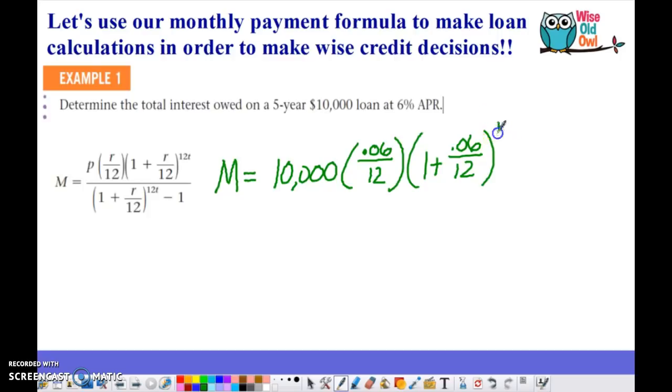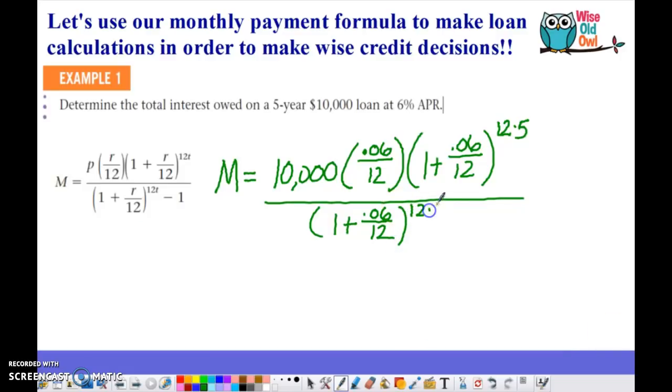Well, I'm getting my loan for 5 years, so it's 12 times 5. This is all over 1 plus my rate over 12, 1 plus 0.06 over 12, to the 12 times time, again 5 years, minus 1. Notice I plugged in everything exactly how I saw it on the formula.